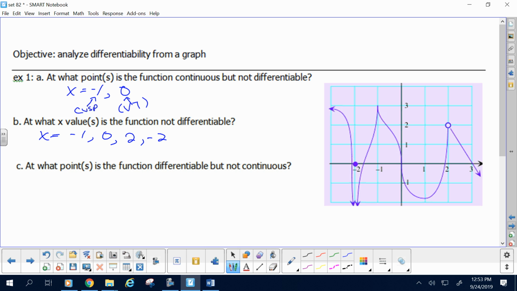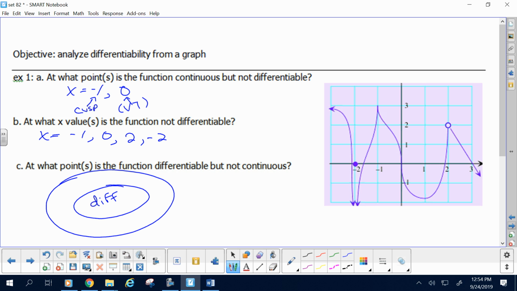Okay, cool. At what point is the function differentiable but not continuous? Where does the derivative exist, but the function is not continuous there? Where's that at? Not possible. Draw yourself a Venn diagram here. Differentiability is a subset of continuity.